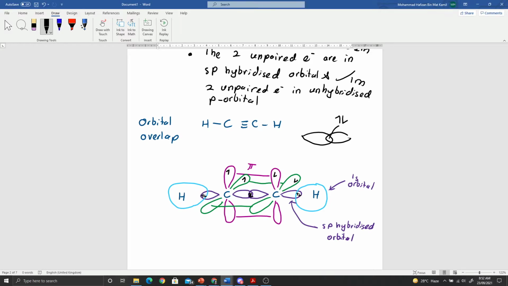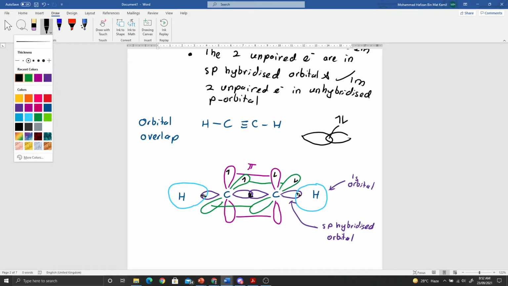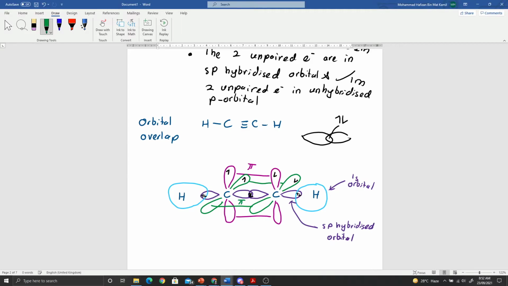Even though earlier they were all spin up, when we draw, the electrons actually orientate themselves in opposite ways so that they can form bonds. So this is the second pi bond. This is how you draw the orbital overlap.